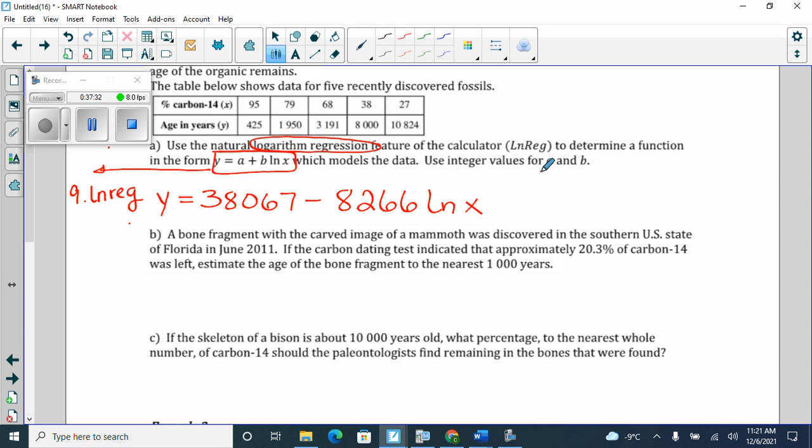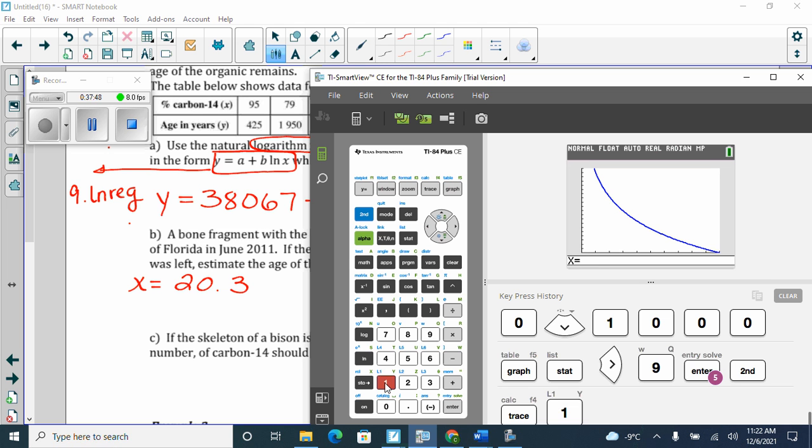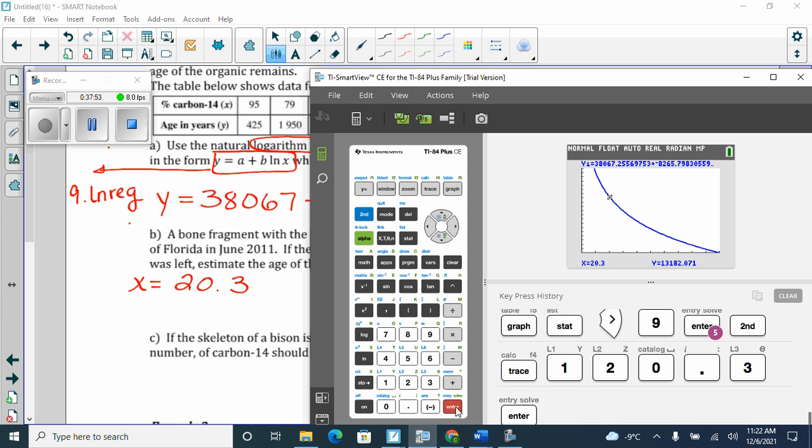Okay? So we need 20.3. What did they give me? X or Y? It's percent of carbon-14. X or Y? X. So I can go second trace value, 20.3, and I get 13,000.